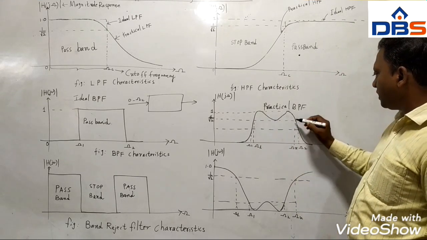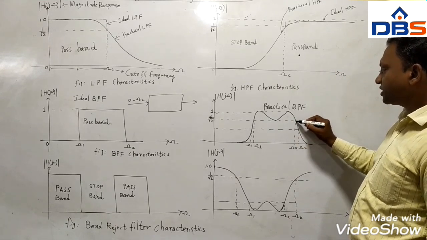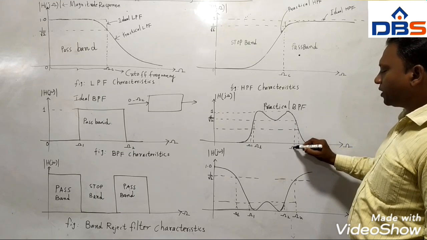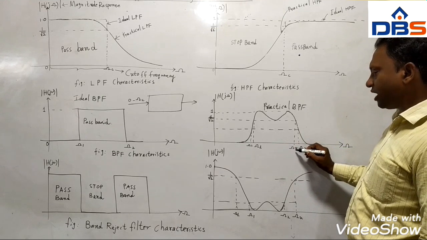In the same way, on the opposite side, wherever it crosses, that is called the upper cutoff frequency. Omega L means lower, omega U means upper.